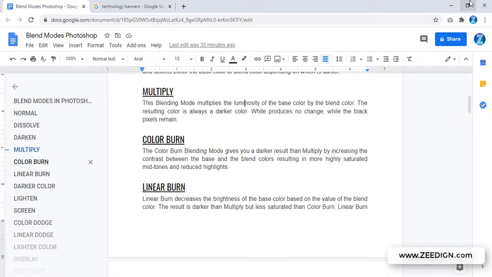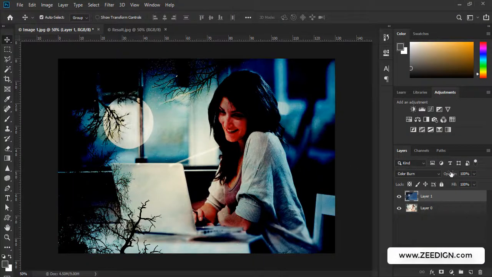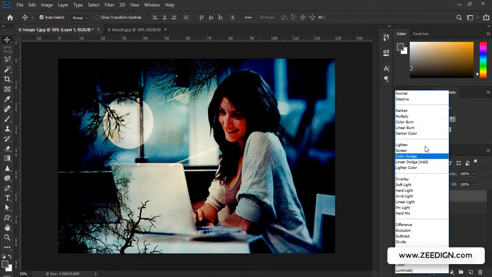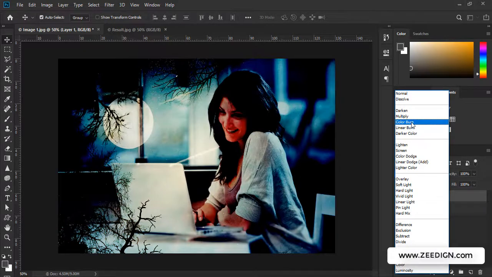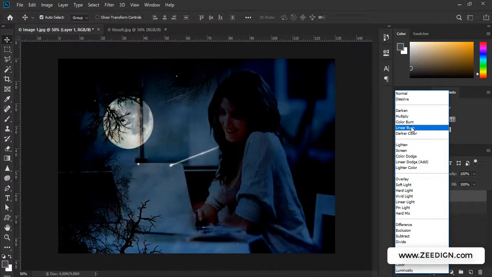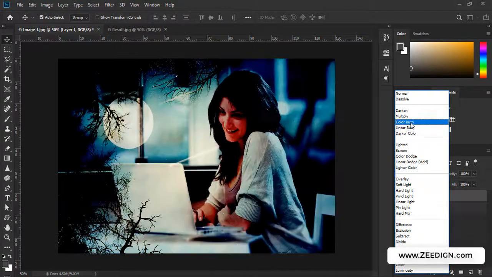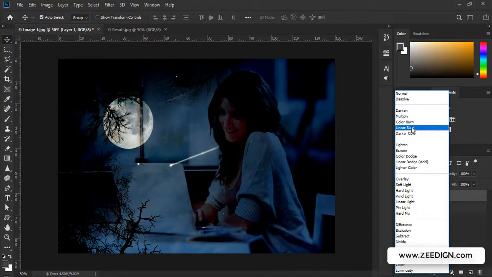So let's see how it is. So this is linear burn. Okay, it is pretty much like color burn without saturation. It means that it is not increasing the intensity of colors, so it is more grayed out. So this is linear burn.